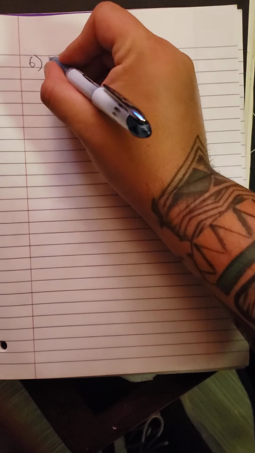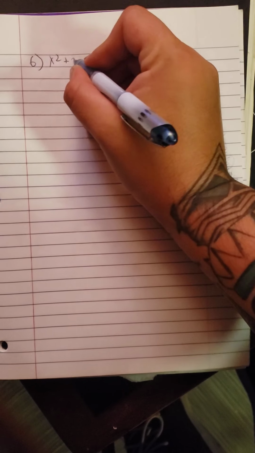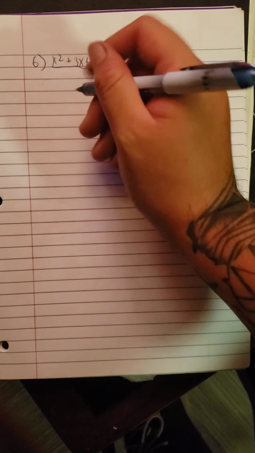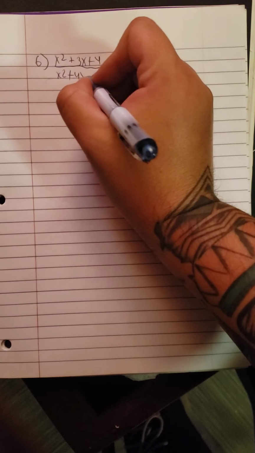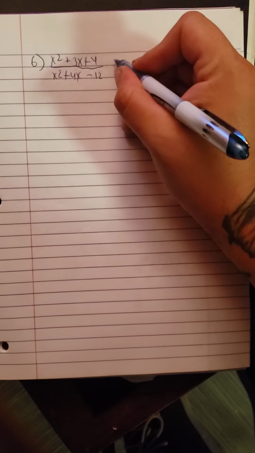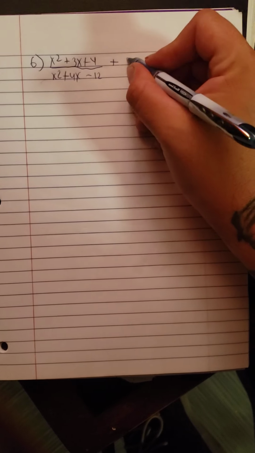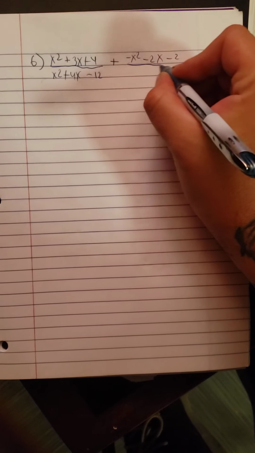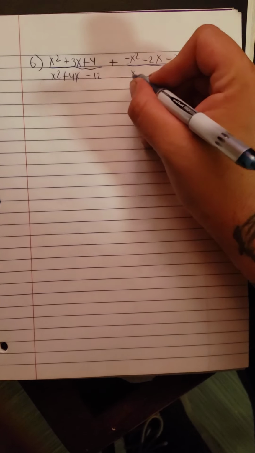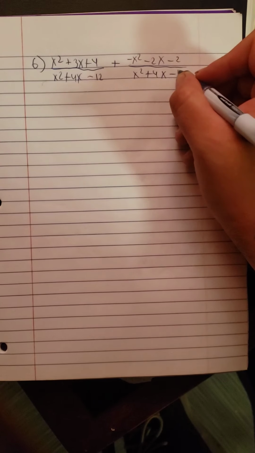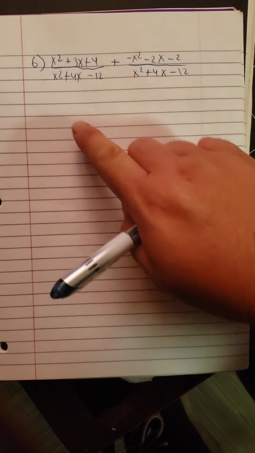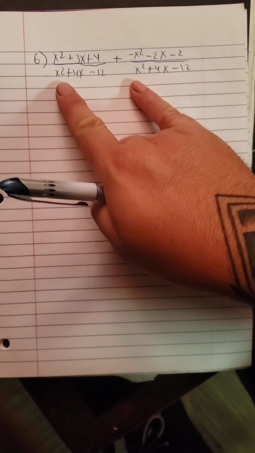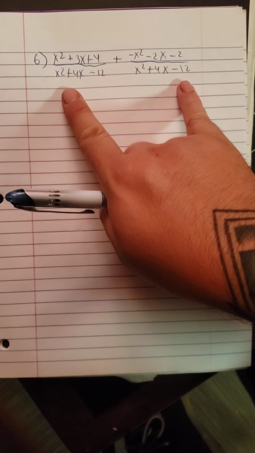So I have x squared plus 3x plus 4 over x squared plus 4x minus 12 plus negative x squared minus 2x minus 2 over the same denominator, which is x squared plus 4x minus 12. The first thing that I'm going to do is check if I have the same denominator, x squared plus 4x minus 12. Okay, I have the same one.